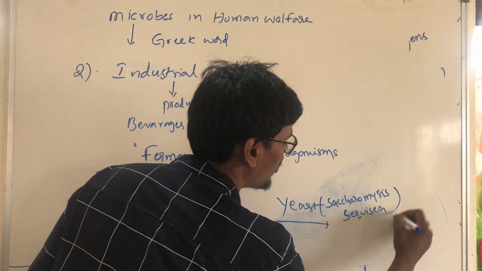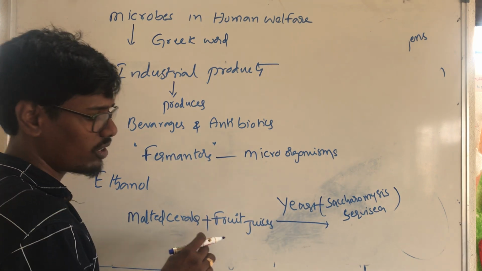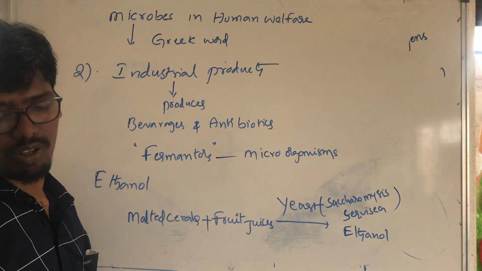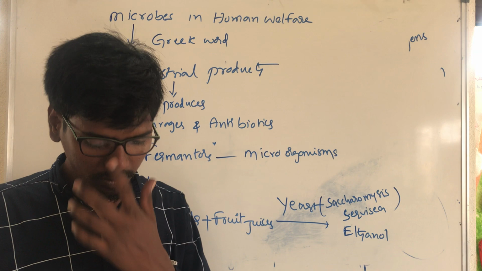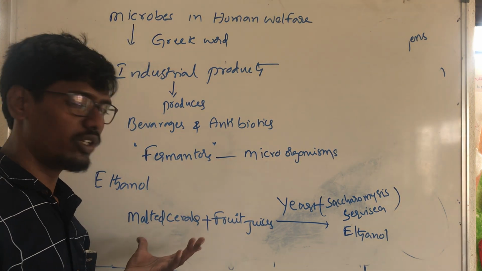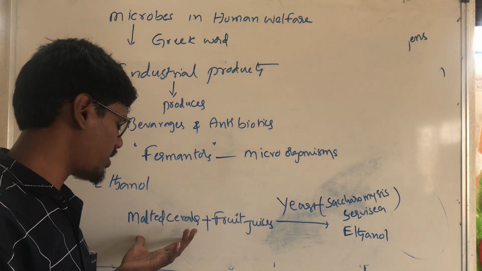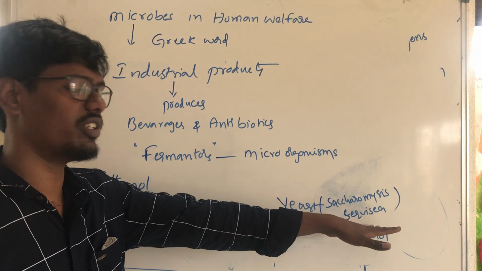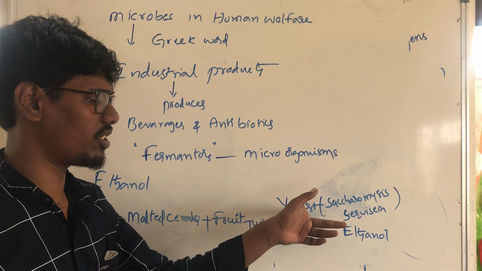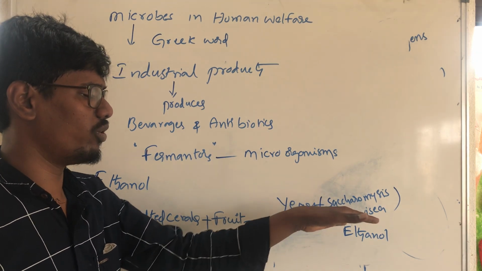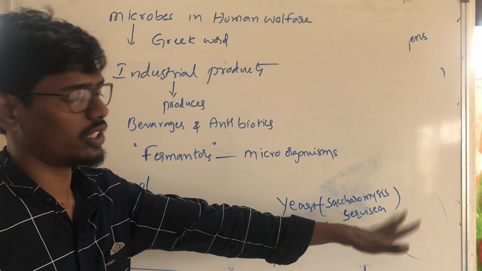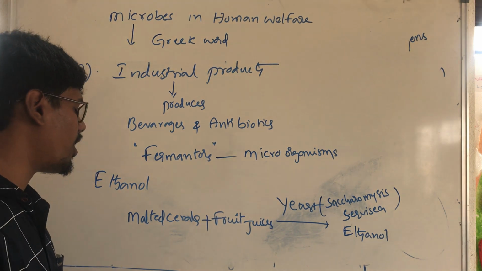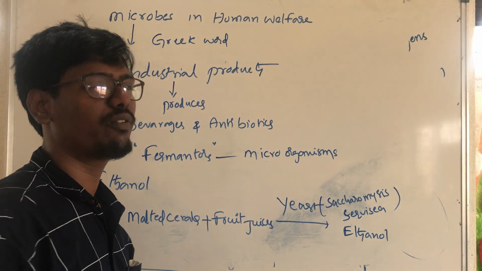We add this microorganism, a yeast or fungus, to convert the mixture into ethanol. So ethanol production uses malted cereals plus fruit juice, with Saccharomyces cerevisiae added to produce ethanol.